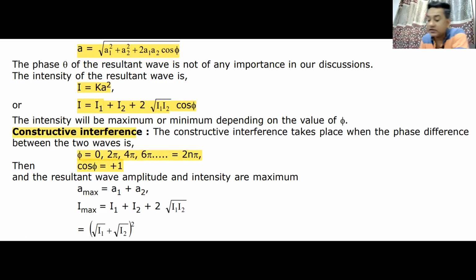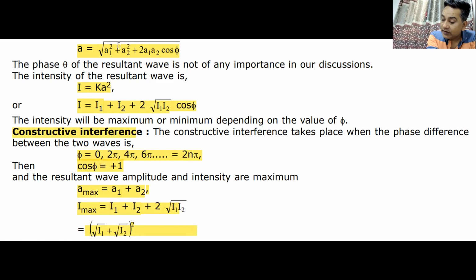The value of cos theta becomes 1. The maximum amplitude becomes A1 plus A2 and the maximum intensity becomes (root I1 plus root I2) whole squared. I guess you remember this. Yes or no?